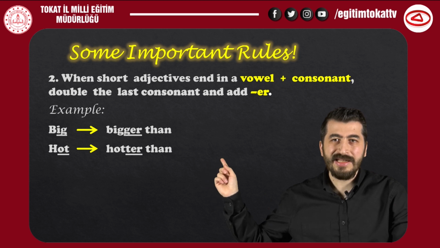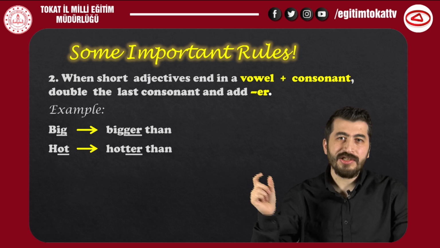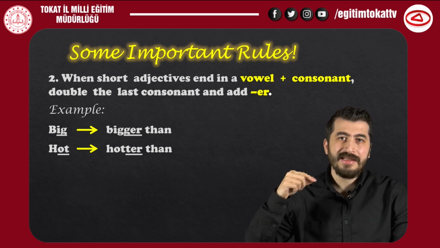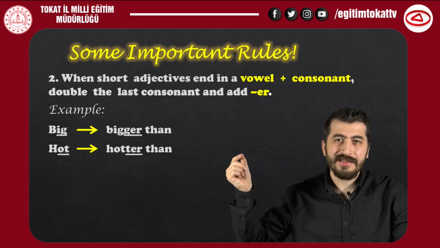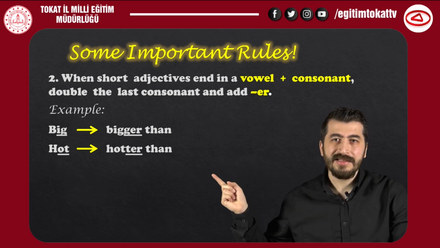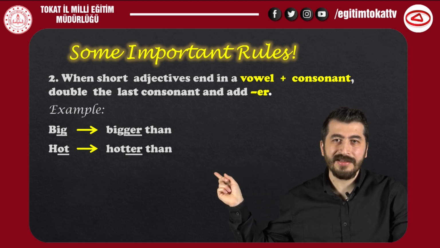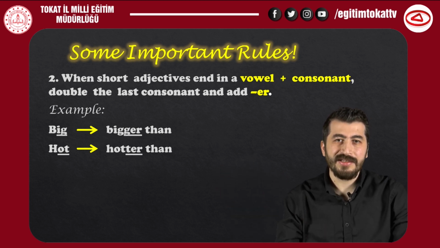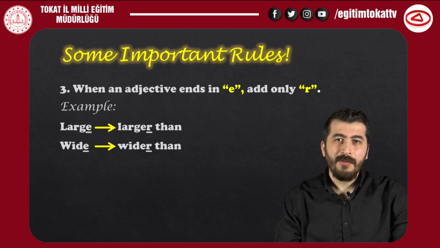Like big, B-I-G. Double the last consonant and add er. Bigger, one G more we write. Hot, hotter, one T more with the hot. Don't forget this rule.